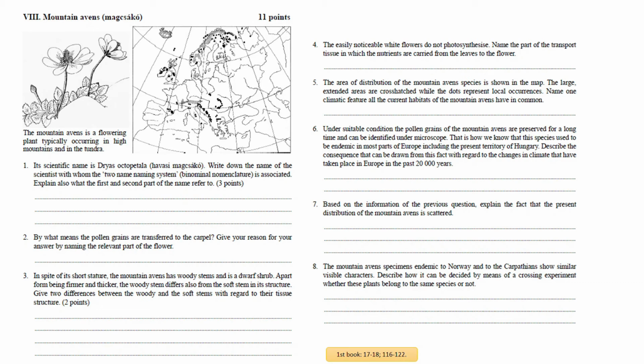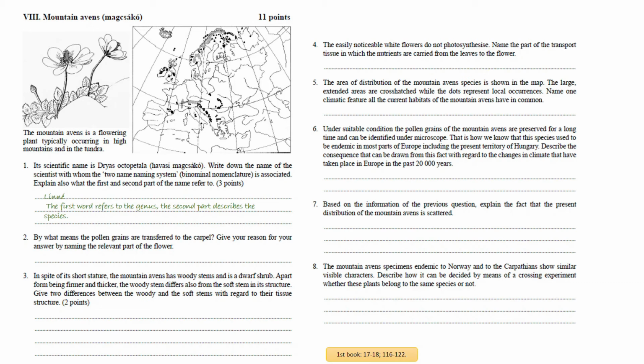As we know, Linné is the father of taxonomy who formalized the binomial nomenclature. And when we look at the name, the first word is referring to the genus and the second one is describing the species. So that's what we need to write here. So Linné, the first word refers to genus and the second part describes the species.